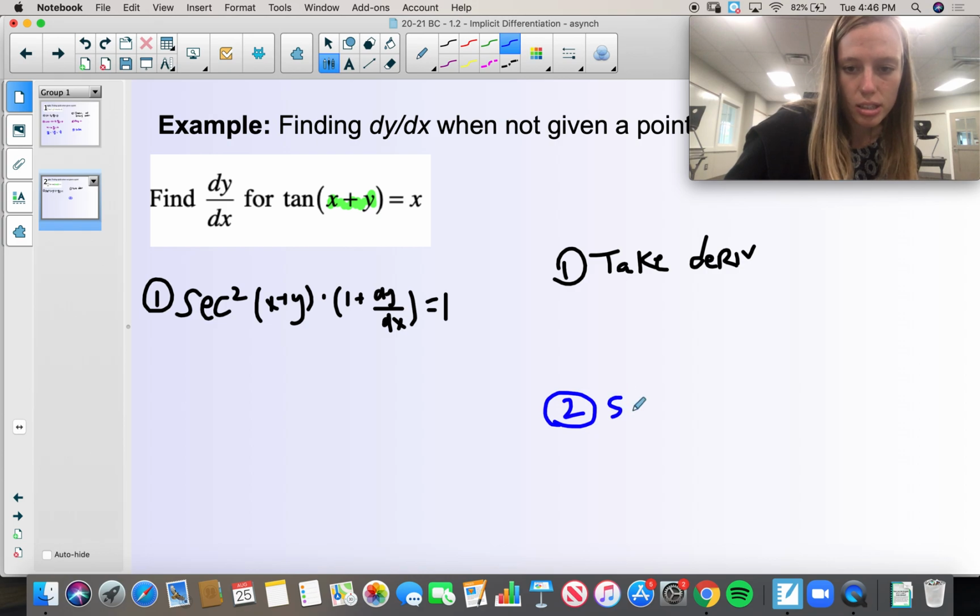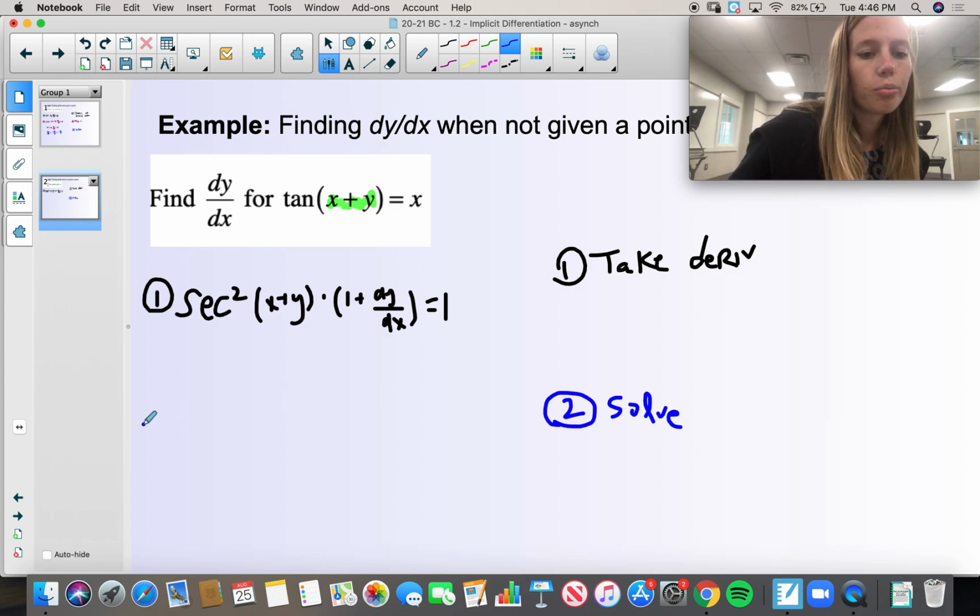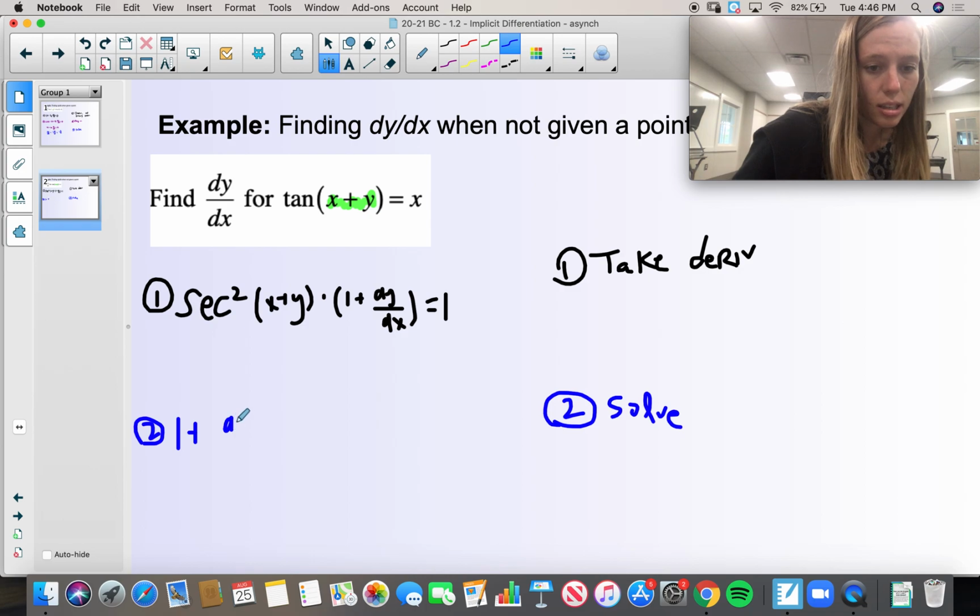Is going to be to solve. The first thing I'm going to do is divide both sides by secant squared. So I'll be left on the left side with 1 plus dy/dx.